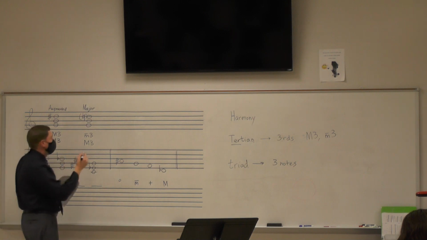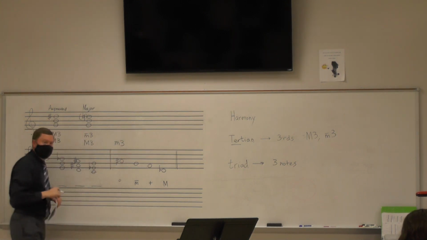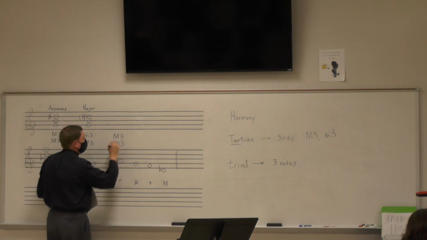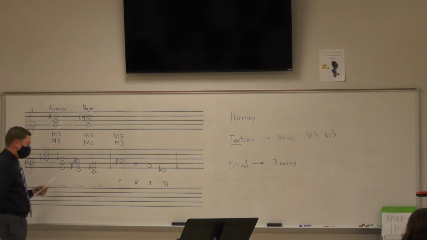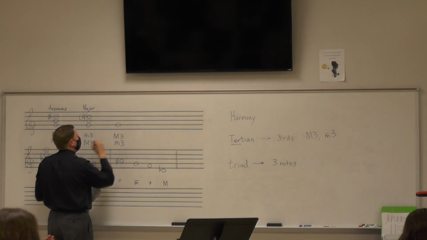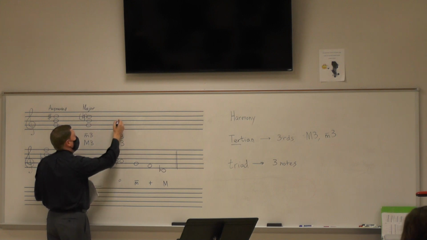Yet another combination is to start with a minor third as the bottom interval, and above that place a major third. If I do that from the same starting pitch G, a minor third for my bottom interval is going to give me a B flat.